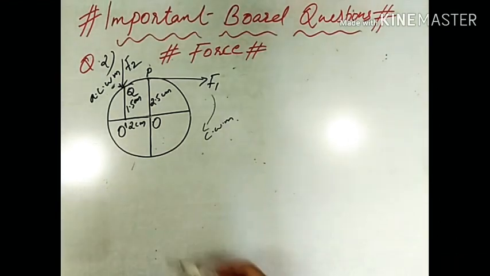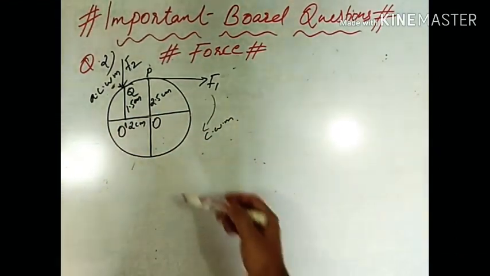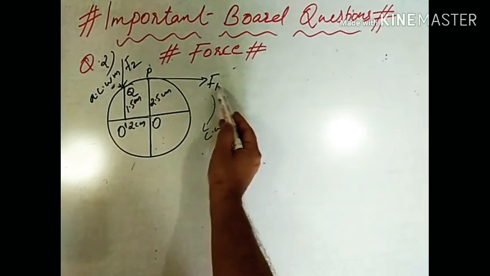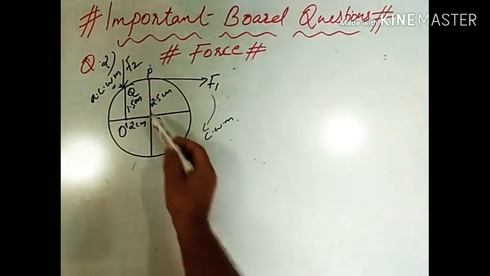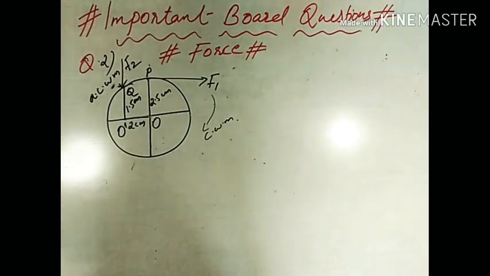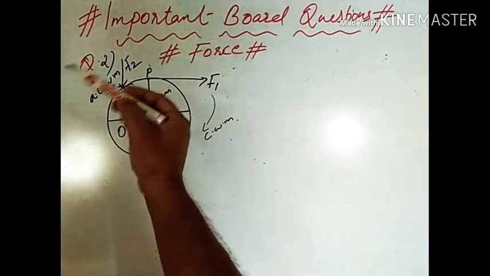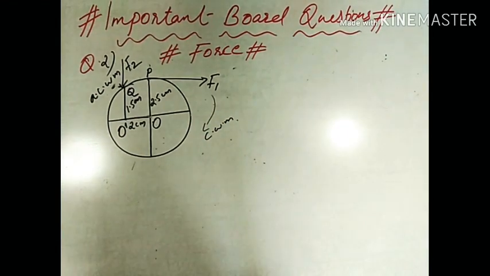I have drawn the diagram on the whiteboard, where a wheel is balanced at the point O, with a horizontal force F1 acting at the point P at a distance 2.5 centimeter away from the center. The question is how you can balance this wheel by applying a force F2, and in which direction? Look at this diagram.